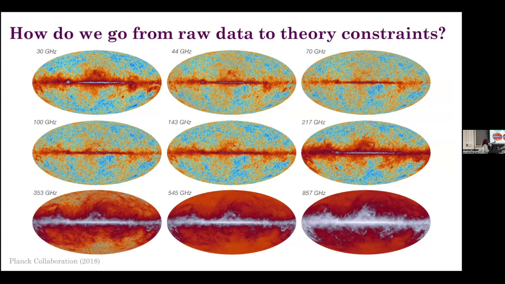So we can measure all these different frequencies, and we know for all of these different components how their signal should change with frequency. Which means if we're measuring all of these different frequencies and we know how these signals should change with frequency, we can use that information to actually disentangle all of these different components and make maps of each of these individual things.